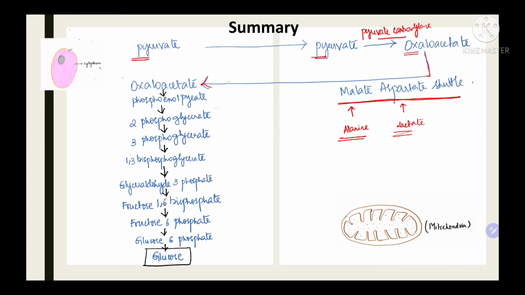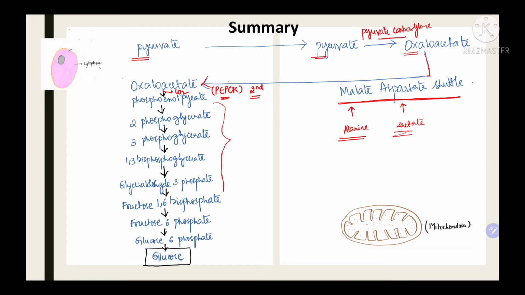After reaching the cytoplasm, this oxaloacetate undergoes a decarboxylation reaction in the presence of the enzyme phosphoenol pyruvate carboxykinase. This is the second key gluconeogenic enzyme, and from here these are all partial reversals of glycolysis.